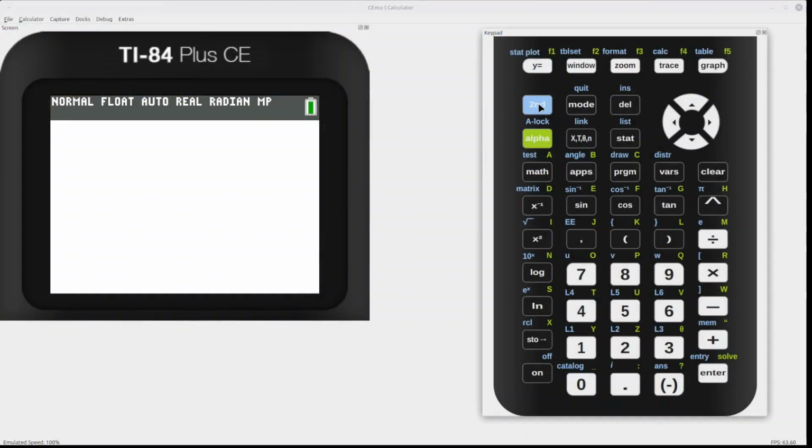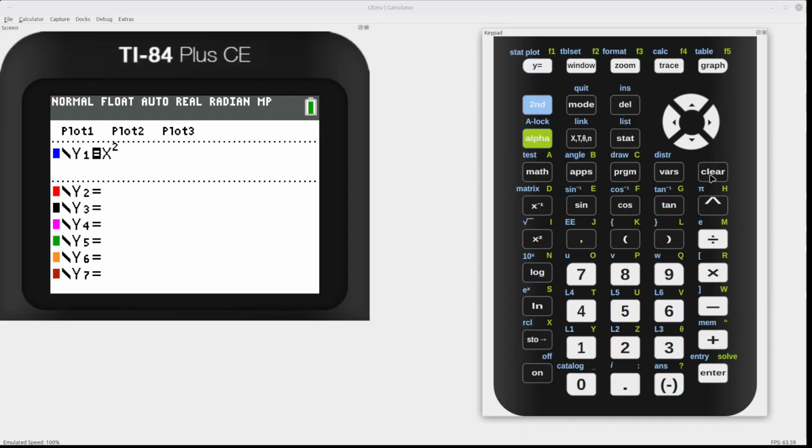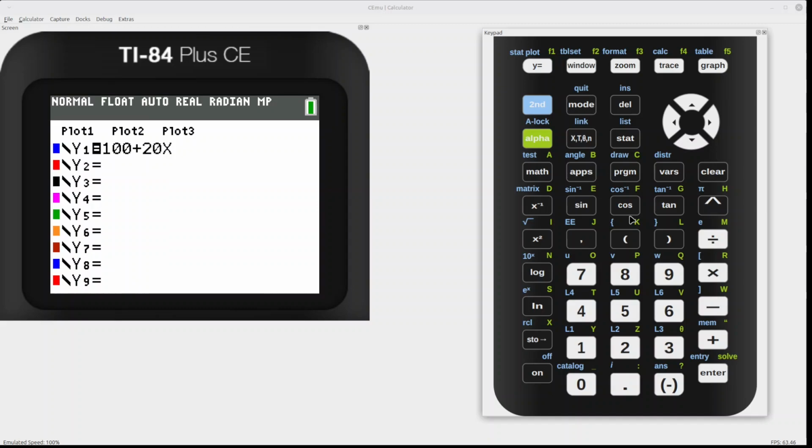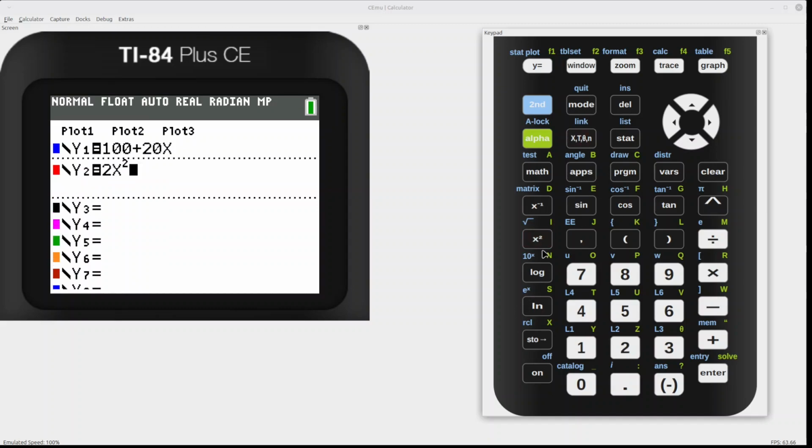Okay, so back to the calculator. Let's go to y equals, and let's enter our equations. 100 plus 20x, and for the second one, 2x squared.